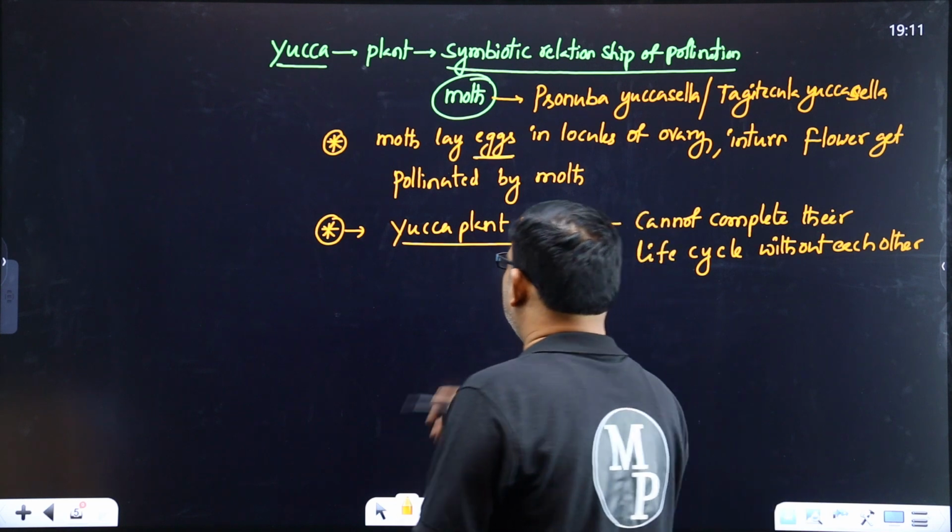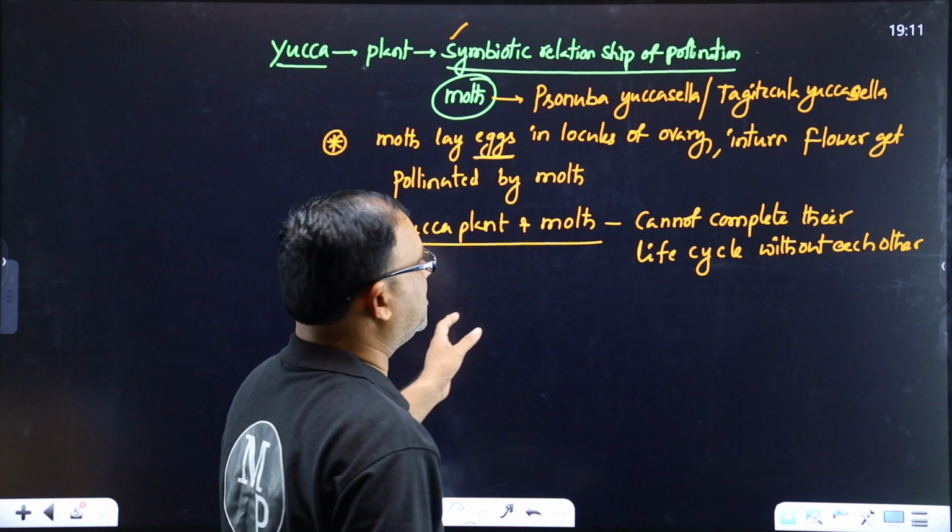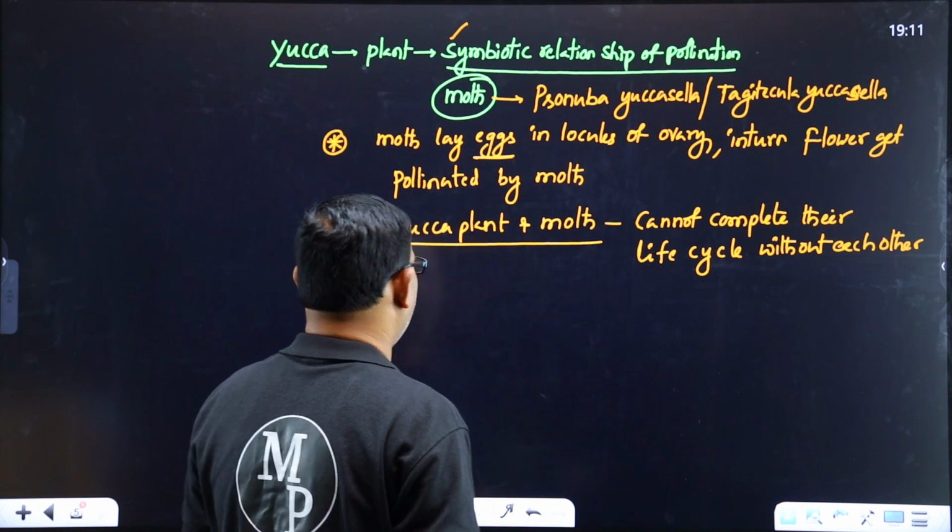That's why both show which type of pollination? Symbiotic relationship of pollination. Most important.